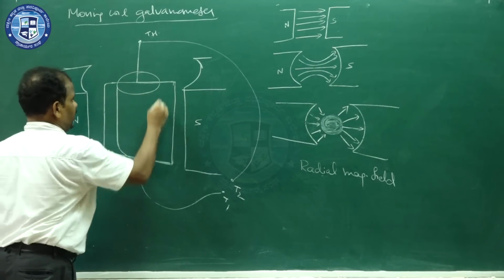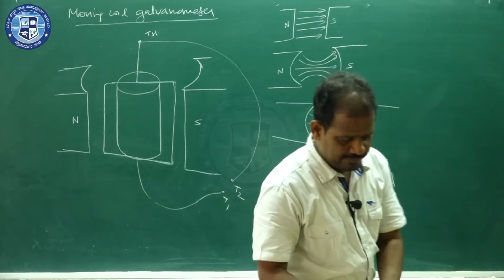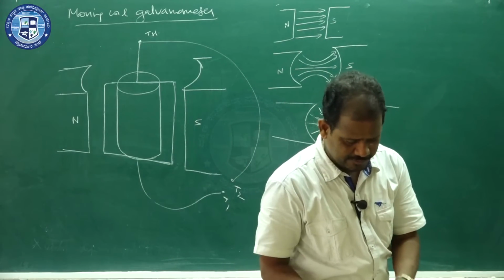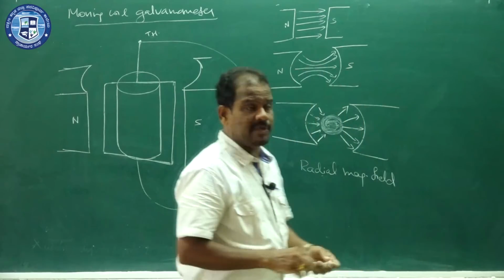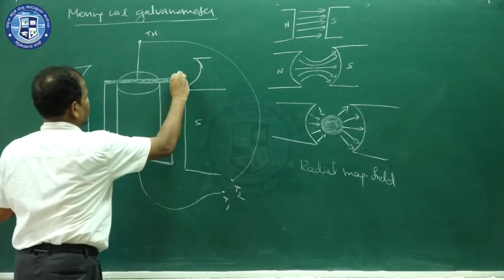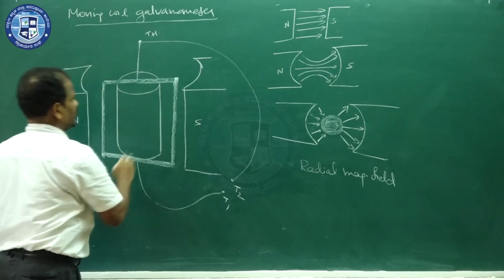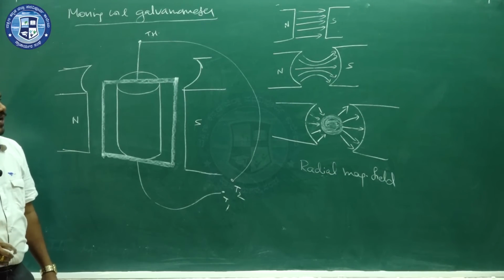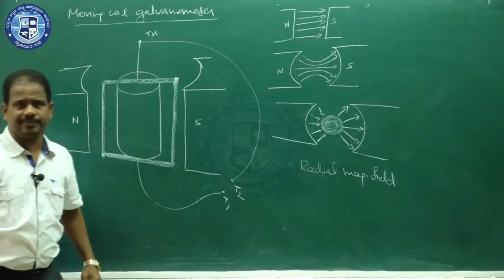A cylindrical iron piece can be placed between the coil like this. And this is our coil. Is it right? So this is the moving coil galvanometer.